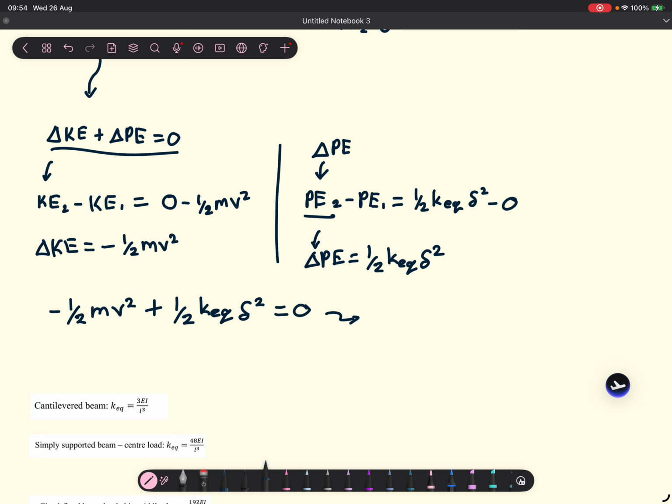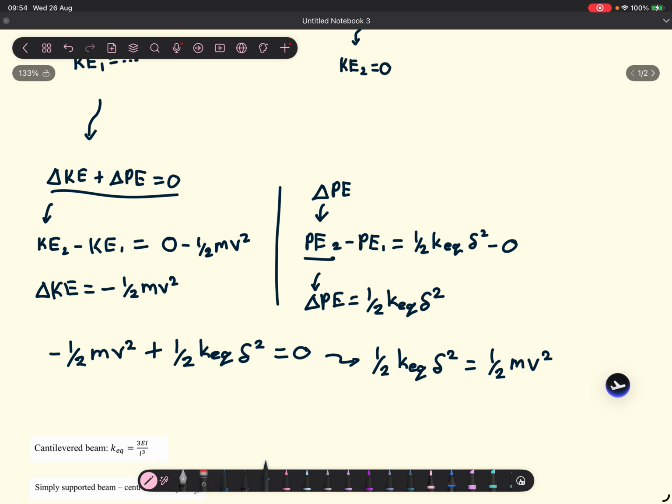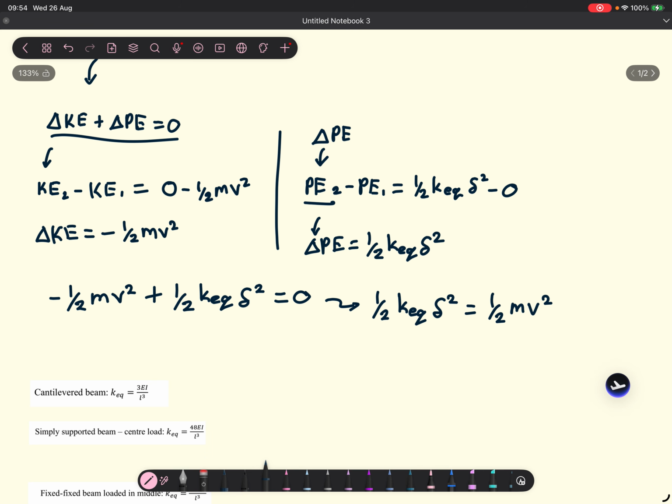So then we get a half k equivalent delta squared is equal to a half mv squared. The only thing we need to determine then is our k equivalent.